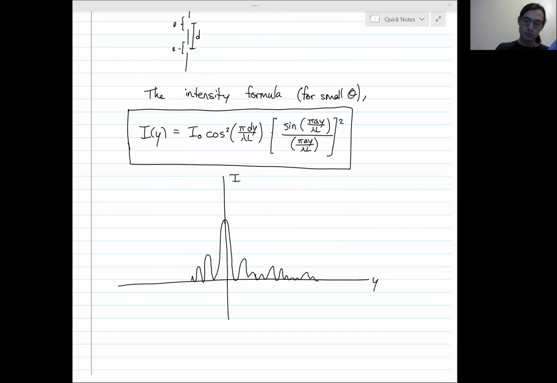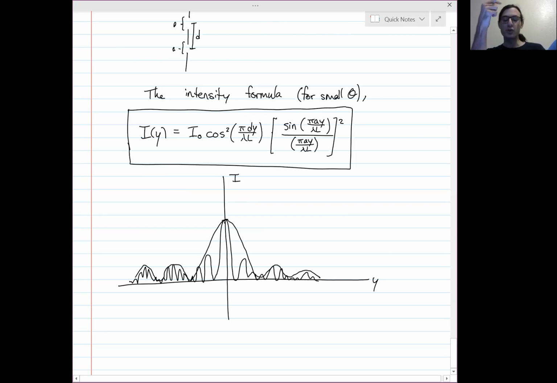Oh, where'd it go? The point is there's an envelope that looks like the single slit. And then there's also the individual brightenings and dimmings that occur from the double slit effect. So we're just combining the two effects.